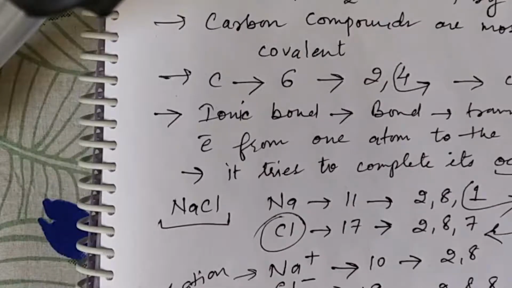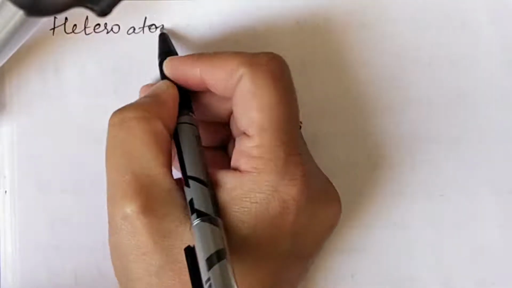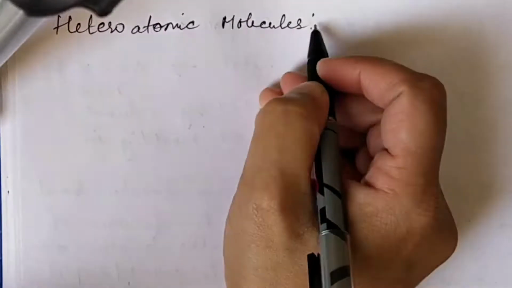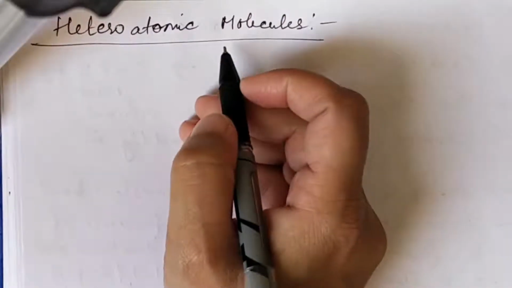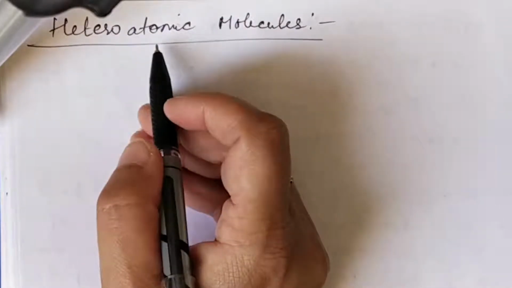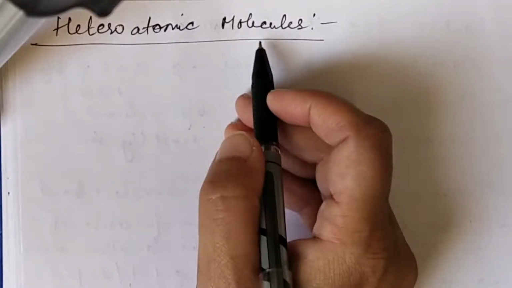Now if we compare the homoatomic molecules with another term, which is called heteroatomic molecule, how will you explain it? What are heteroatomic molecules? Heteroatomic molecules are those in which there are two or more than two different kinds of atoms participating in a molecule for the formation of covalent bond.